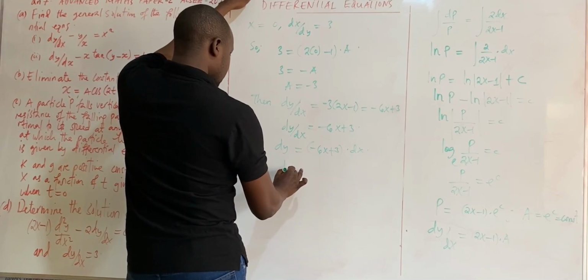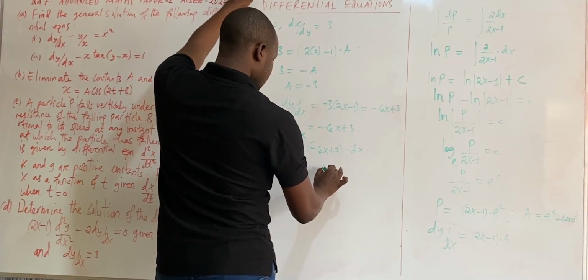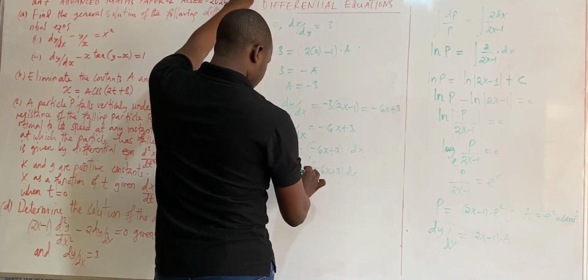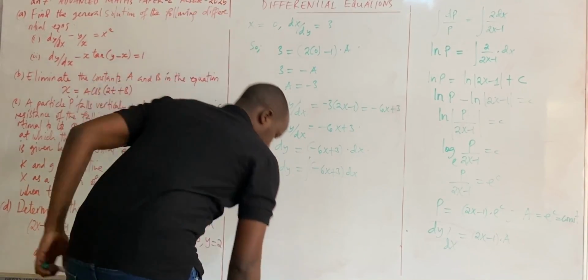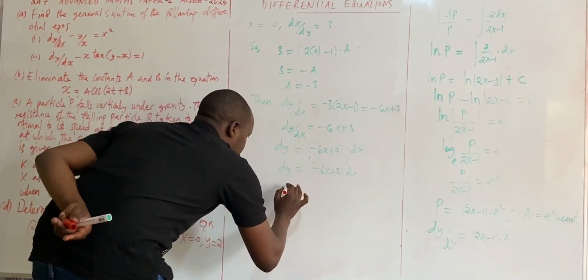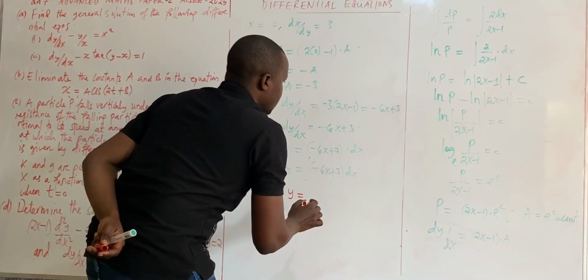So on applying now integration to both sides, we'll have something like this. So here, when integrating dy, here we have y equals to what?